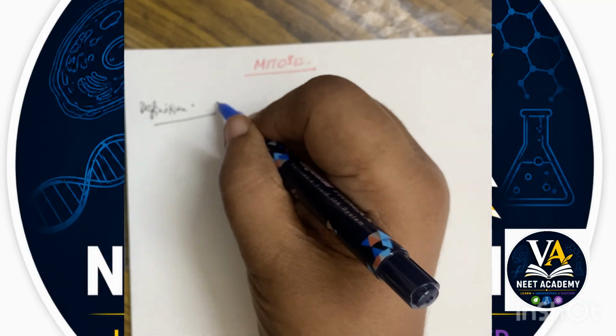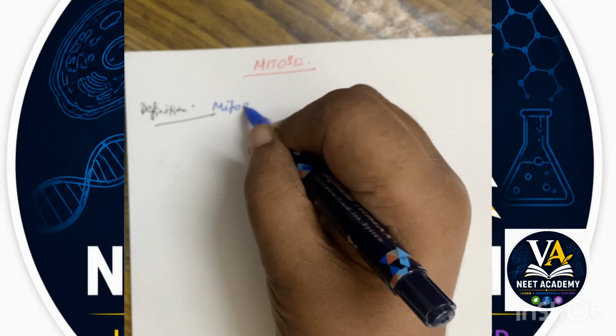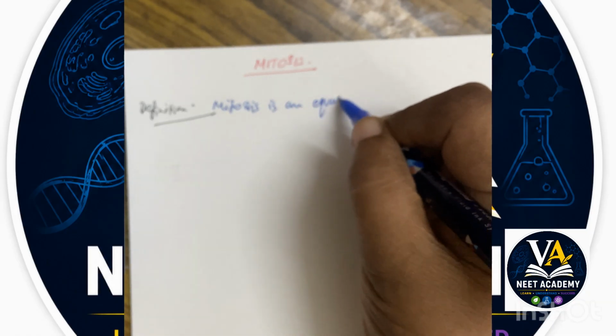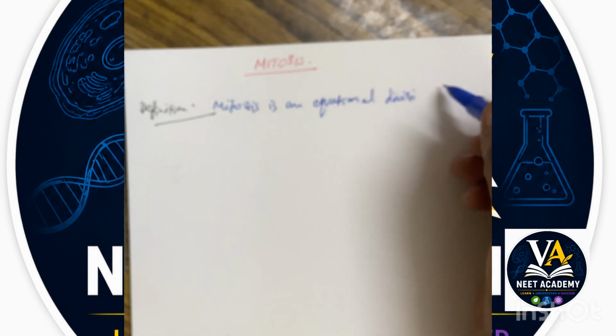Okay, definition. Mitosis is an equational division. So what happens in this?